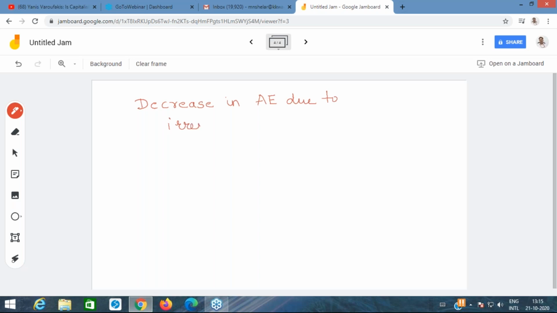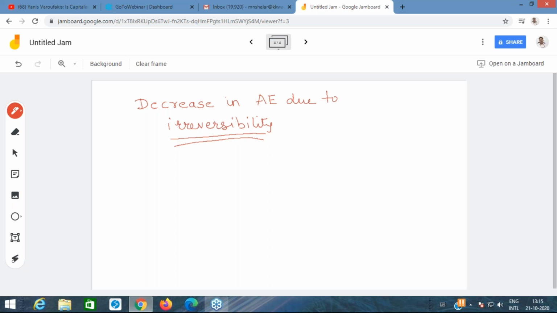To understand that, we had a lot of discussion on irreversibility. We said that the second law of thermodynamics points out that a reversible process is an ideal process and all the actual processes are irreversible processes.